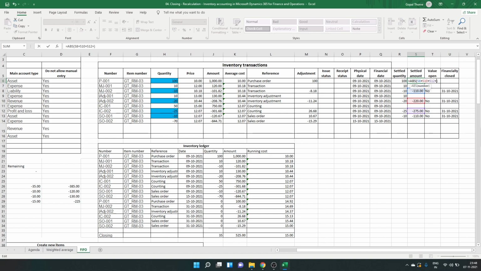So this will also be included here. So the entire 100 quantity is settled, and the settled amount is right now less, but we are updating it. Okay, let me change something.